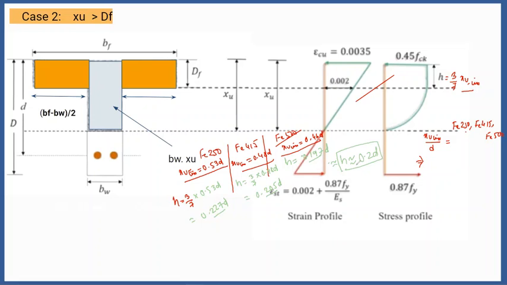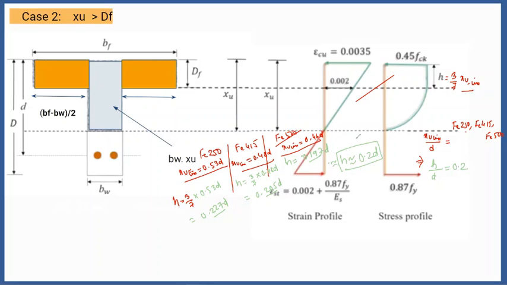We can take it approximately. This is just for analysis purpose. तो अगर ये है तो I can also say h by D is equal to 0.2.